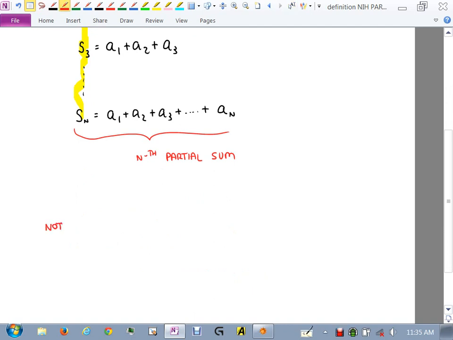Notice, please notice, that this S sub n created a new sequence, right? That's a new sequence.